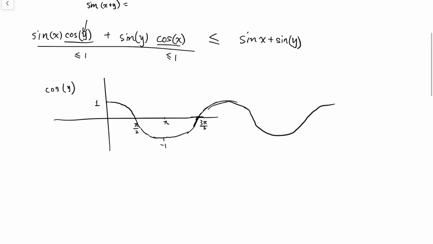Knowing that cosine y is represented by this graph, we're just trying to figure out the values on which cosine y is smaller than or equal to 1. Since this is the line we're looking at, the whole graph is smaller than or equal to 1.